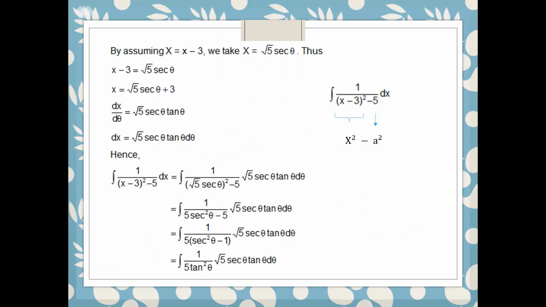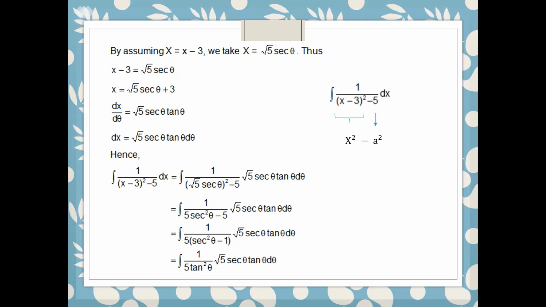Next, solve the integral using the suitable trigonometric substitution. By assuming x minus 3 equal to capital X, the general expression is capital X squared minus a squared.